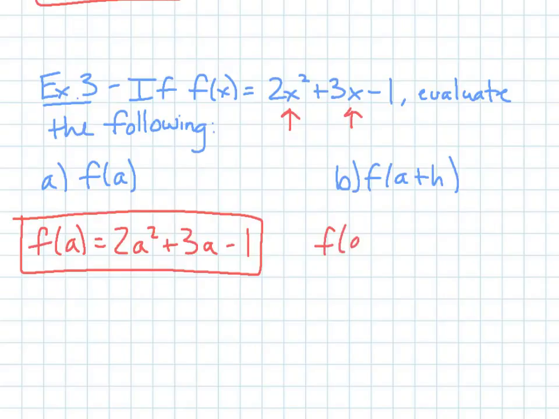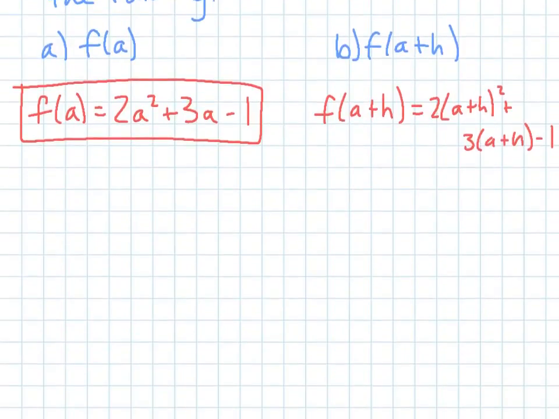So now here, if I want to plug in a plus h into my function for my x values, then I do 2 times a plus h squared plus 3 times a plus h minus 1. Okay? So now here I can simplify a little bit. I can square, and here I can multiply through to see what I get.